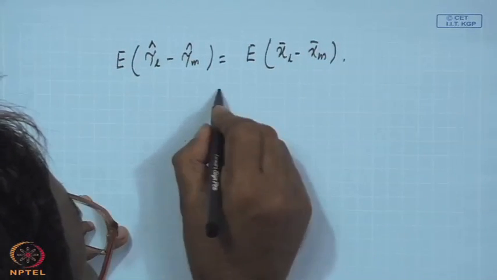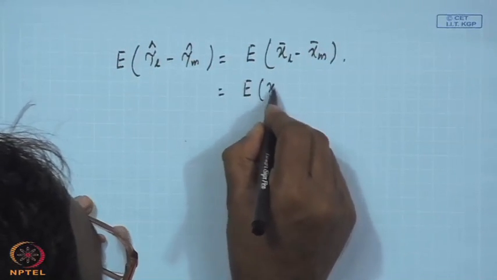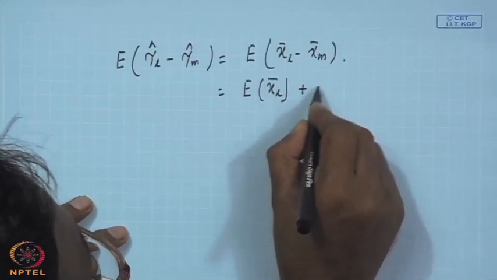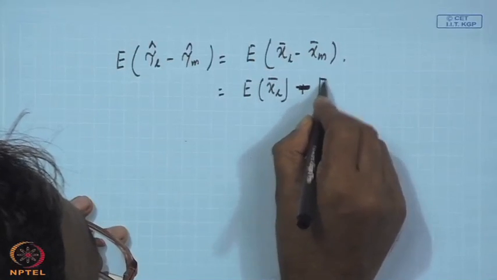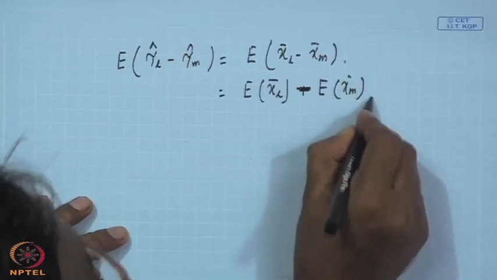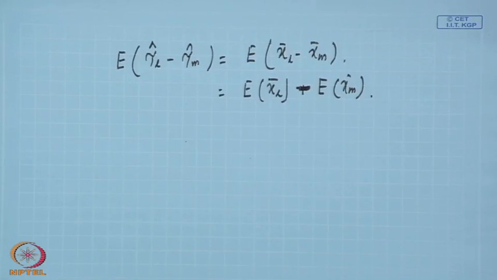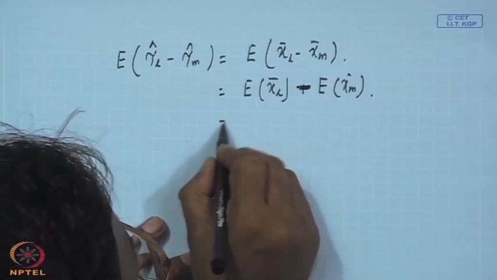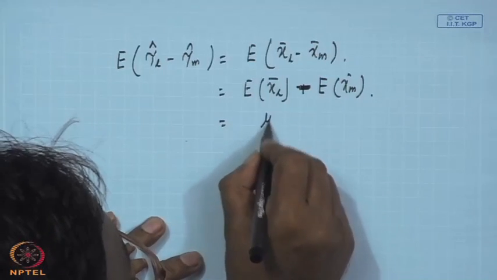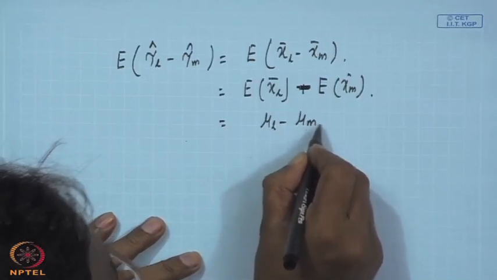And we also know that this is nothing but the expected value of XL bar minus the expected value of XM bar, because the two populations are independent. So, this will be mu L minus mu m.